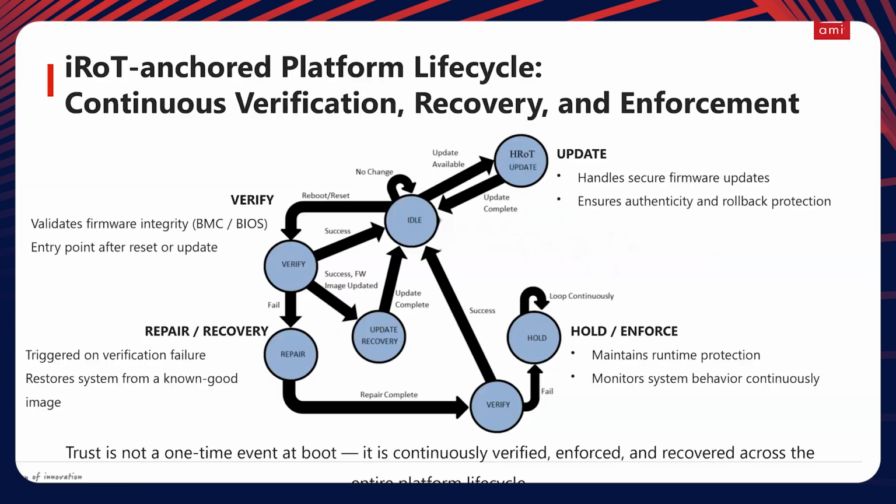In the verify state, it attempts to verify the firmware in the SPI. Once it is verified successfully, it sets the SPI filtering and releases the firmware for boot. But if the authentication is not successful, it has to move into the recovery state, perform the recovery operation, then re-verify that whatever it has recovered is correct, and then release it to boot. In the event that even the recovery fails, it has to go into the lockdown state.